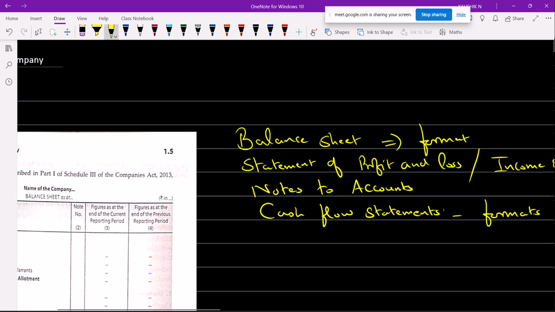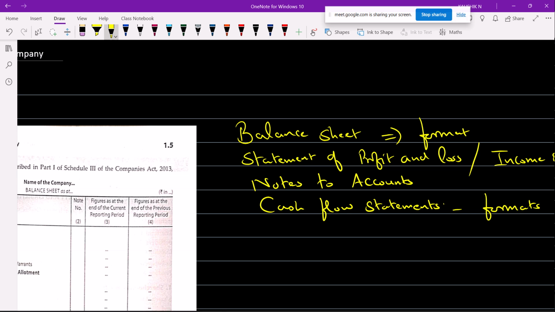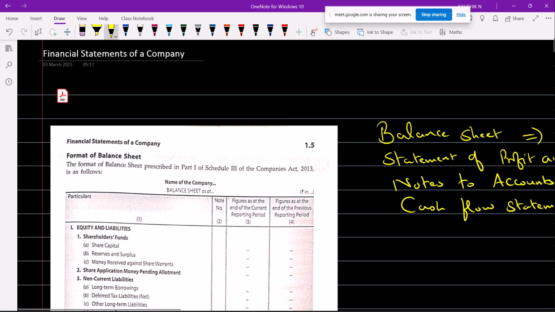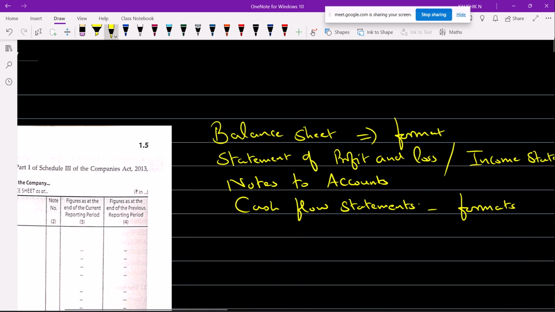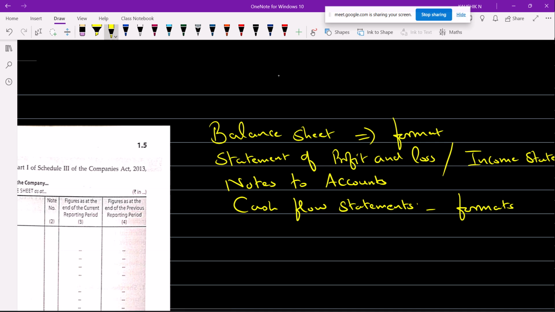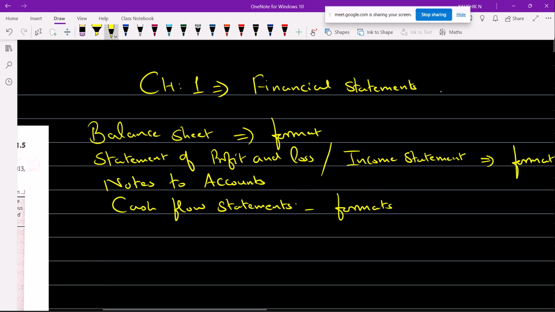So the name of the chapter, as I already said, is Financial Statement Analysis. That is part B. In that, the chapter 1 is Financial Statements of a Company.